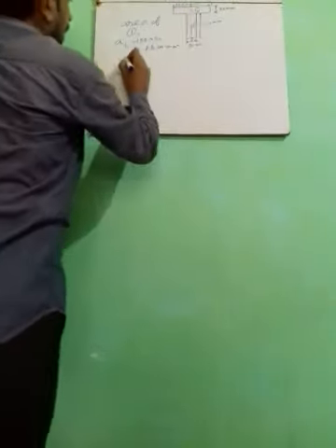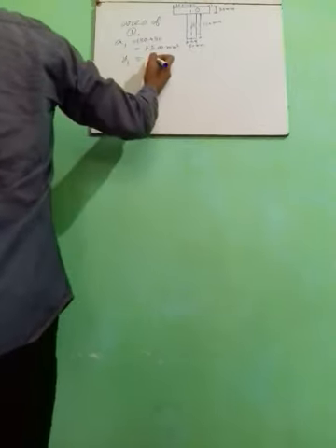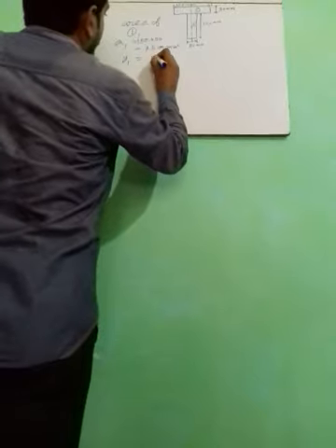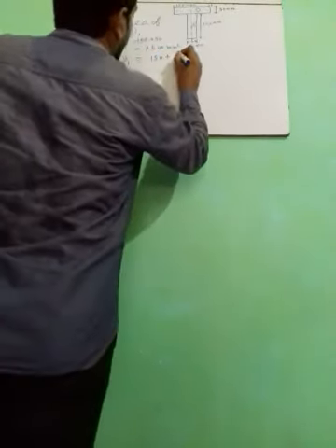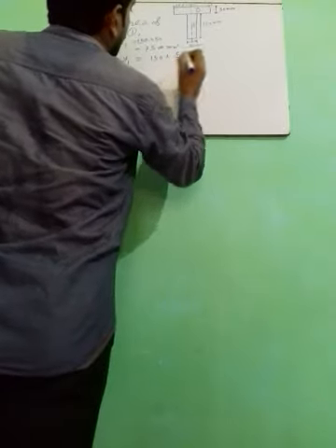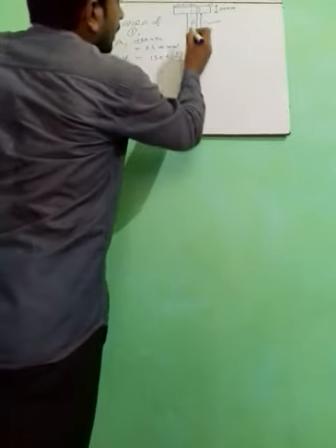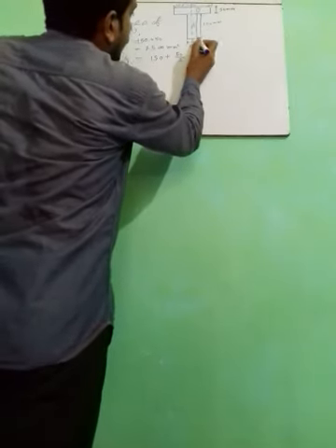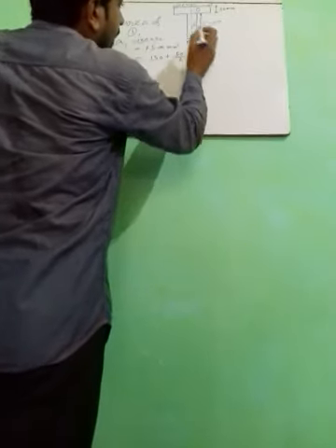For the first figure, y1 will be 150 plus 50 by 2, because we are taking the baseline of the web as the reference line.